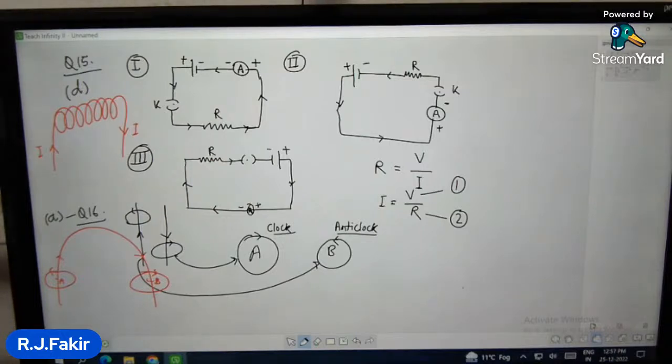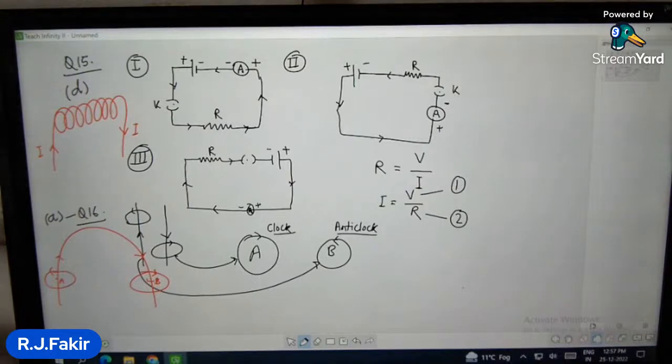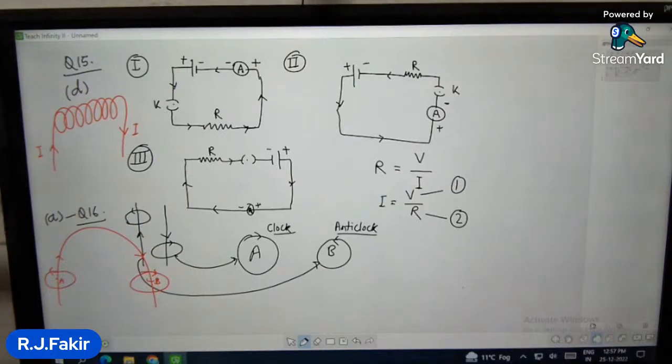The another section starts from question number 21 to 26. They are 2 mark type of questions.